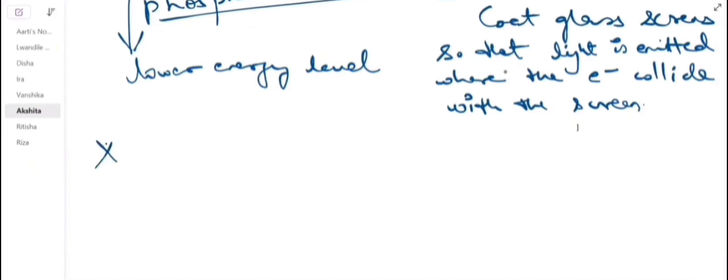Now after this, one more topic is there, which is known as electron diffraction.